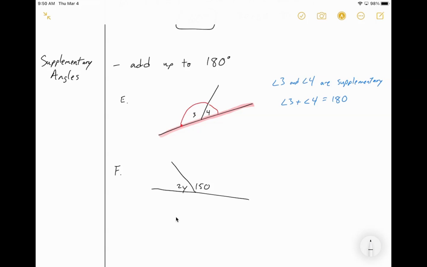What is y equal to here? Let's see if you can figure it out.